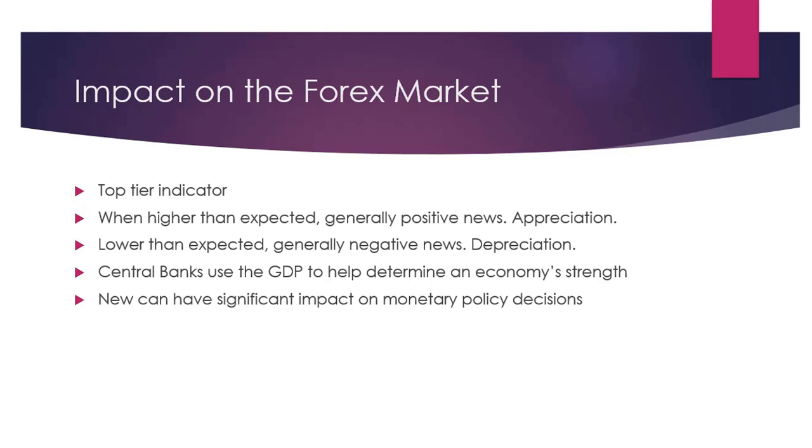As long as an economy is growing at a steady rate, then we can very often see that as being a good thing. Now, if the news comes out saying it's actually better than we expected, well, then that's amazing. People are going to start jumping in, and we'll often see the markets move up very quickly. If the news comes out being worse than what was expected, well, then that's obviously a bad thing.